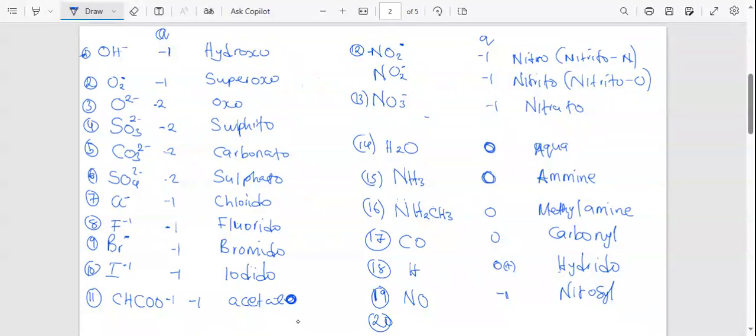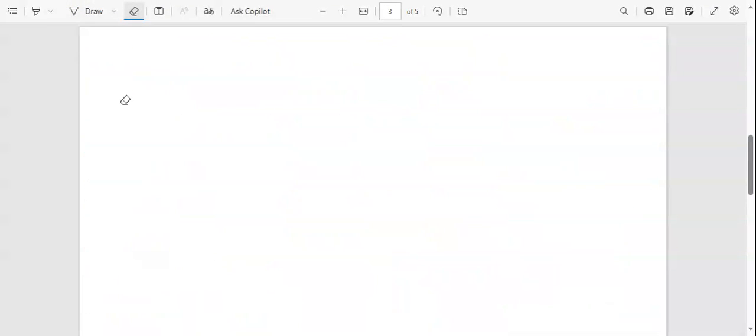Let me put the last one. There's a compound we call E, or I can call it En. Sometimes we abbreviate it as En, to mean ethane diamine.